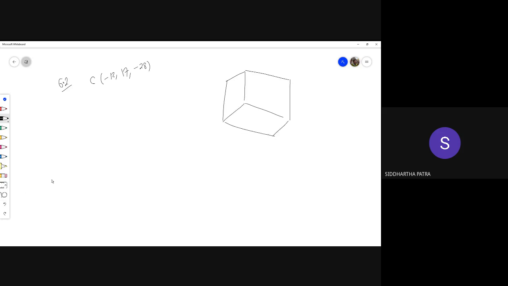So if we consider this one to be the x direction, this one to be the y direction, and this one to be the z direction, then minus 12 would mean 12 millimeters behind the profile plane, 17 would be this much in front of the vertical plane, and minus 28 this much below the horizontal plane.